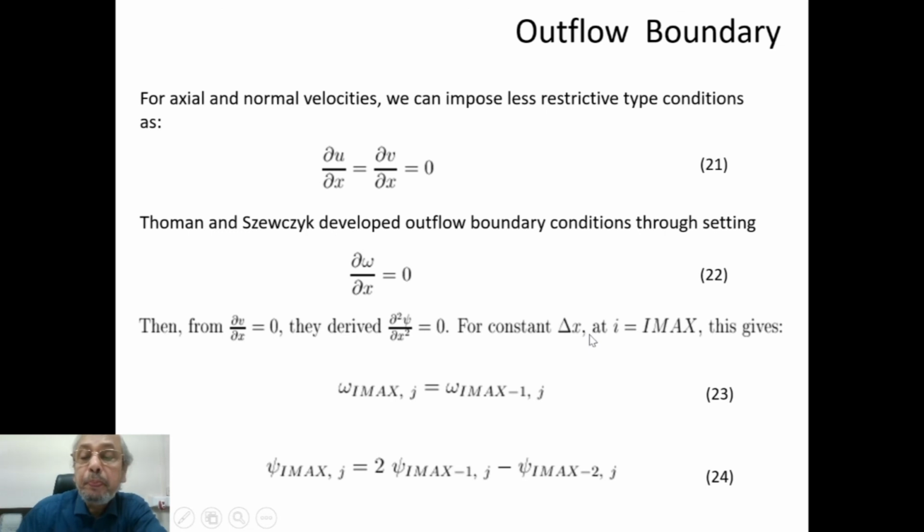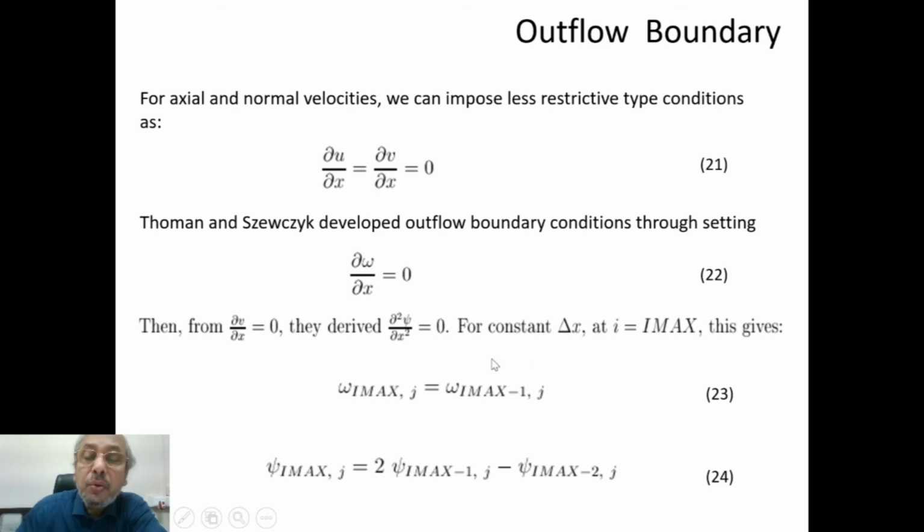That means if we take delta x constant, you can take variable delta x also, but let us assume delta x equal to constant. Then del 2 psi del x2 at the point I equal to I max, that means at the end point in I direction, for all j's, we have to prescribe that.